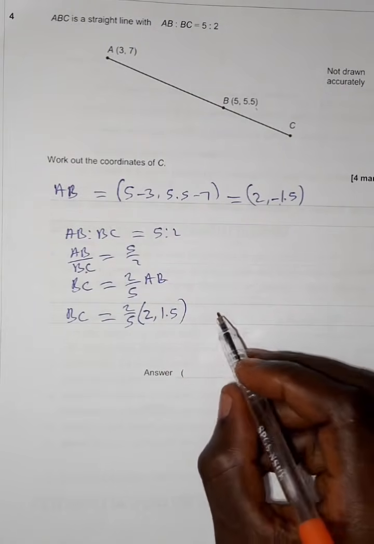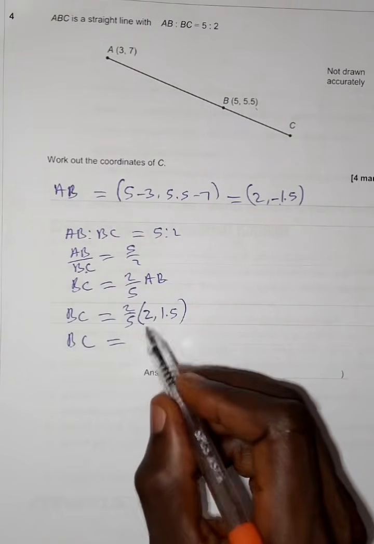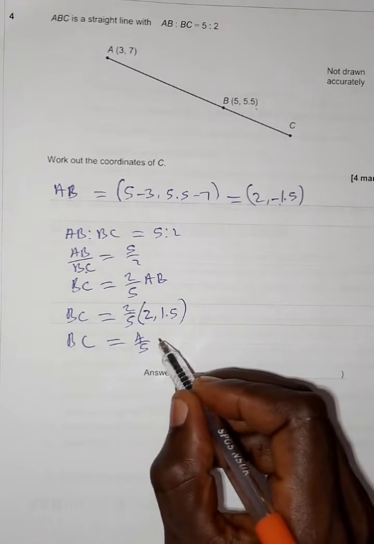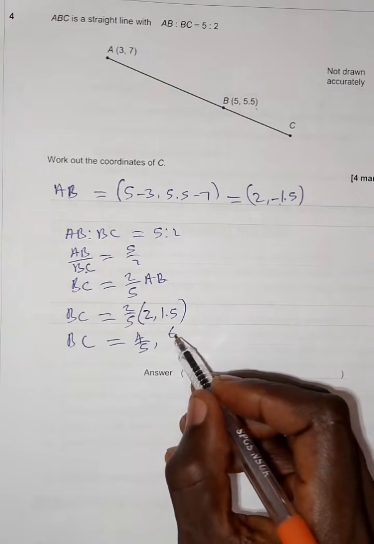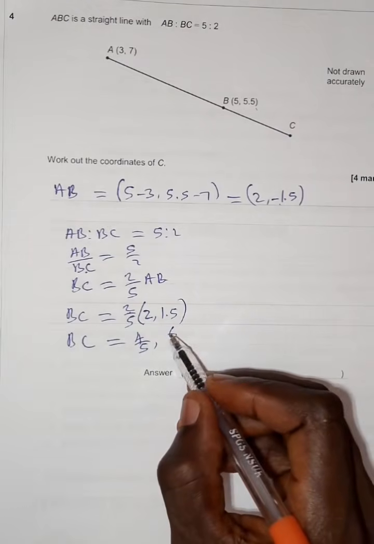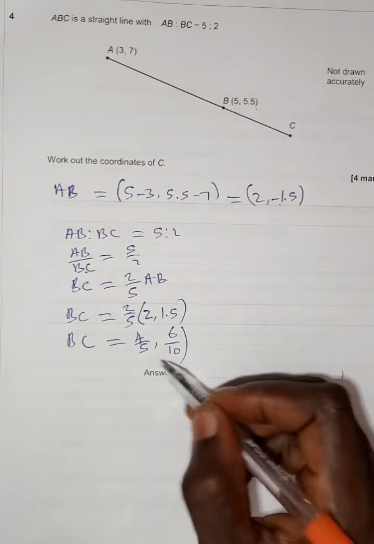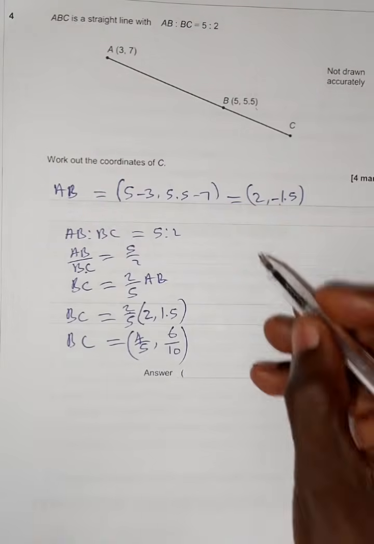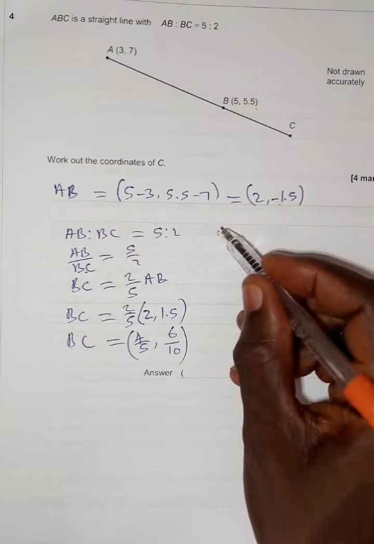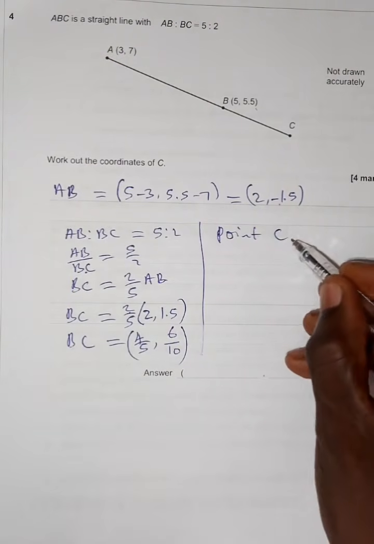So when we multiply that, BC is going to be 4 over 5, and then comma, this time 2 times 6 over 10, so 2 over 10. So we have this as the point for B. Now, to calculate point C, it will be an addition.